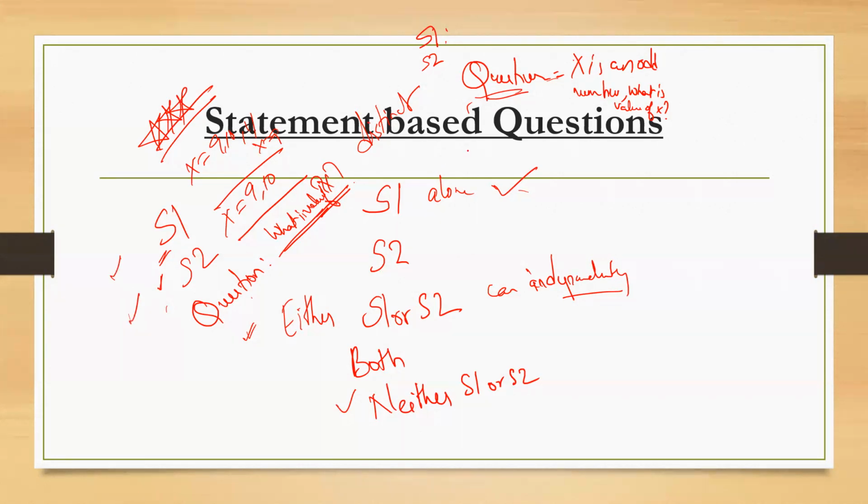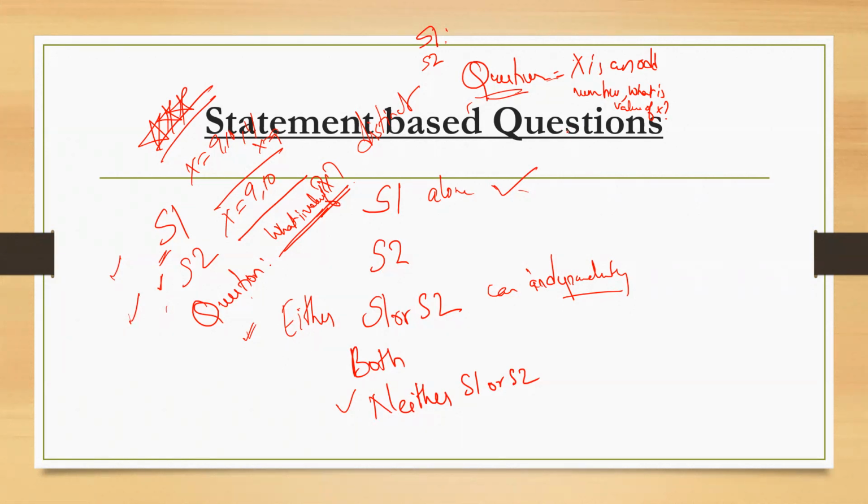Which statement will answer your question here? This is the question now, that is, x is an odd number, what is the value of x? Either. What about others? Did you understand the question, everyone?